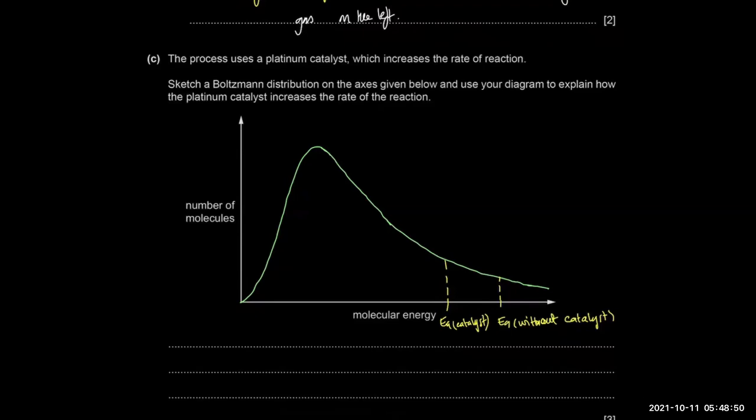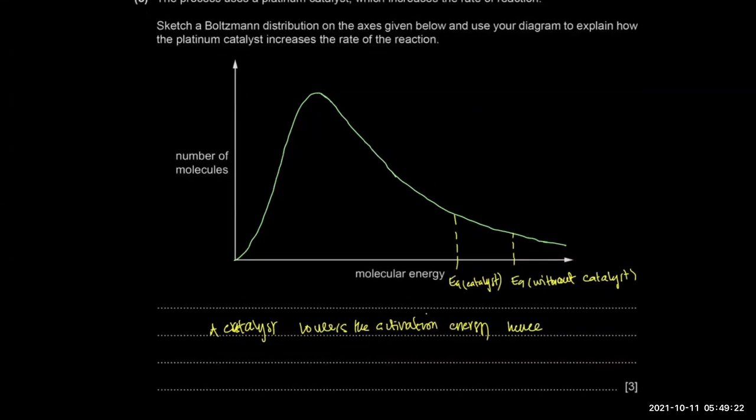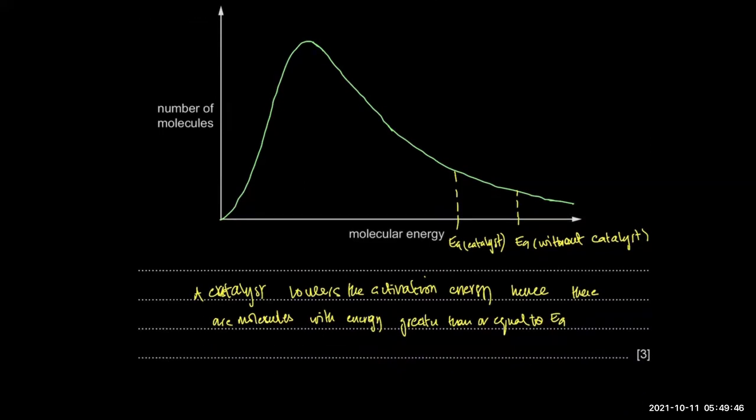So we can say that the catalyst lowers the activation energy, hence there are more molecules with energy greater than or equal to the activation energy, which means that what happens?